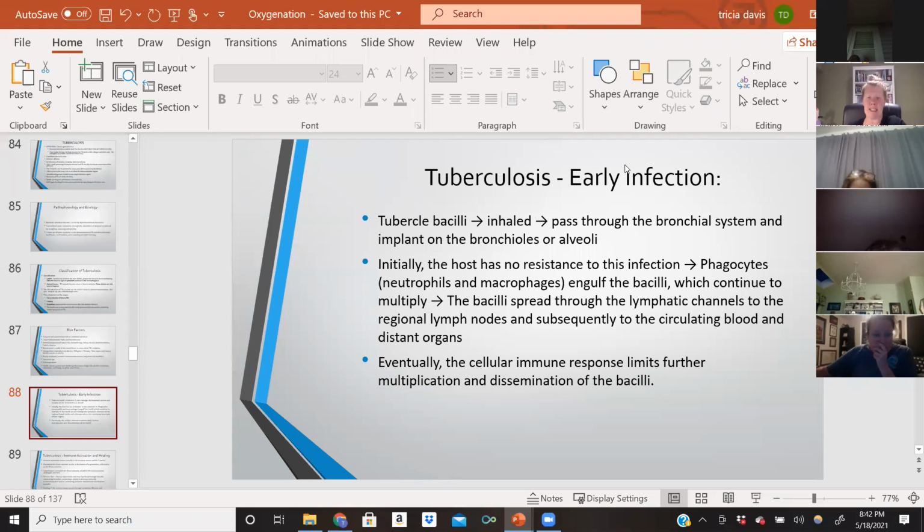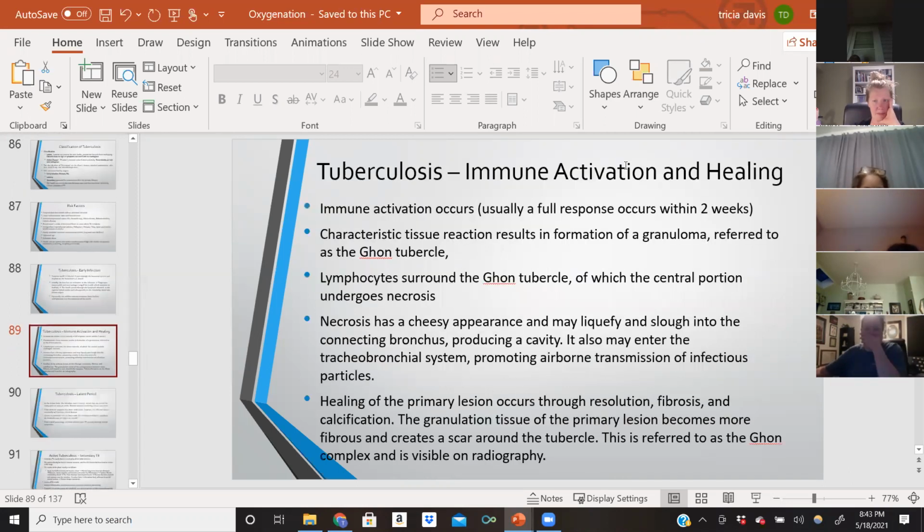What happens is they continue to multiply. They're spread through the lymphatic channels to the main lymph nodes, and subsequently it goes out into the circulating blood, and then it can move to distant organs. Eventually, the cellular immune response limits further multiplication, and then we see dissemination of the bacilli. It's quite a process.